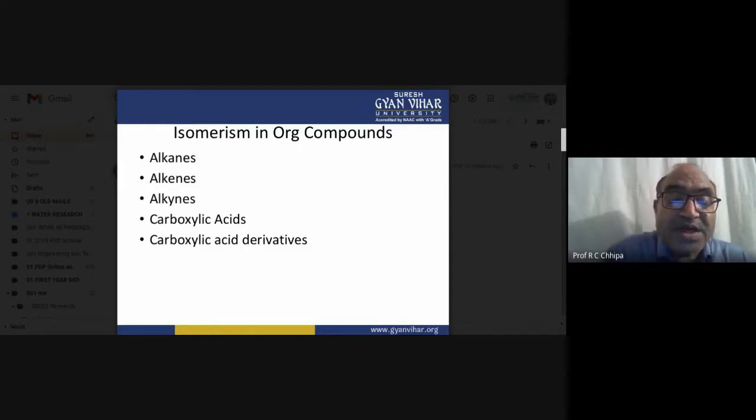So in the case of carboxylic acids, the simplest is formic acid. Later on, we have the 2 carbon carboxylic acid, that is ethanoic acid, also called acetic acid. Then we have 3, 4 carbon carboxylic acids and so on.